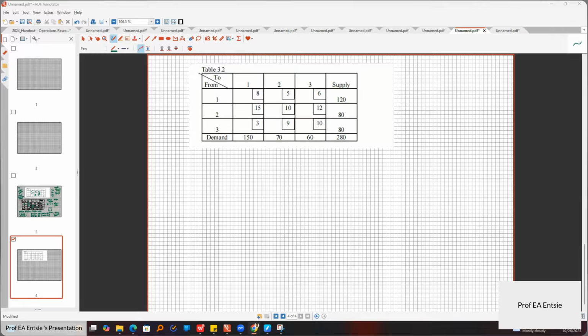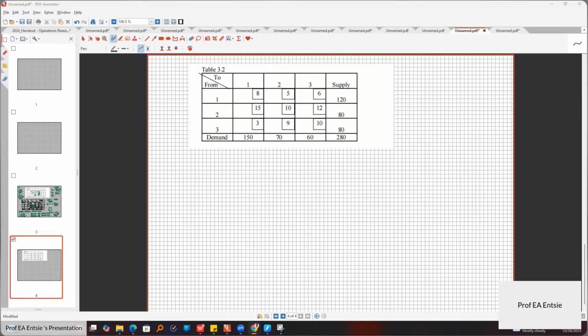How we did for the simplex tableau, we found the initial tableau first before we found our first iteration. So in transportation problems, we need to find the initial solution or the initial tableau before you start to solve it.